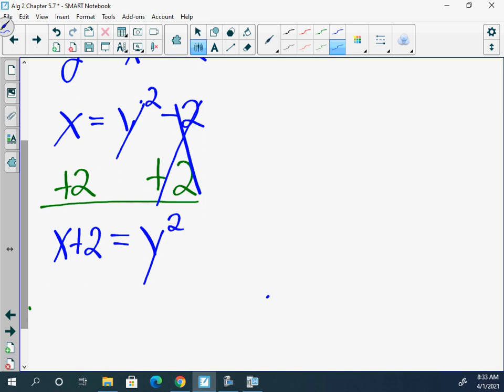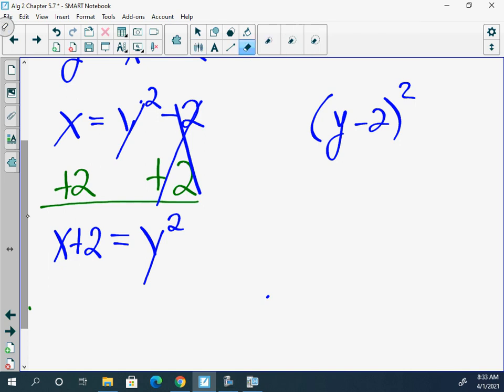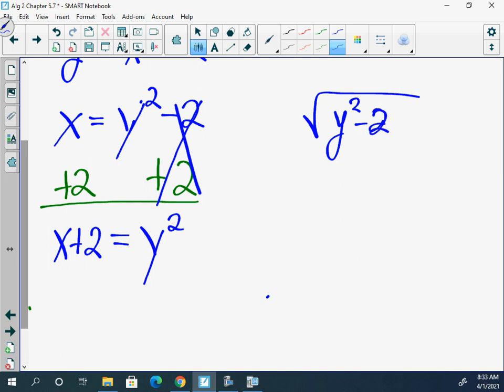Now, if it was a set of parentheses squared, if we had it say y minus 2 squared, yes. Because then the square root and the square would cancel, and we've got the variable out. But here, unfortunately, it wouldn't cancel it out because these 2 would be stuck together.